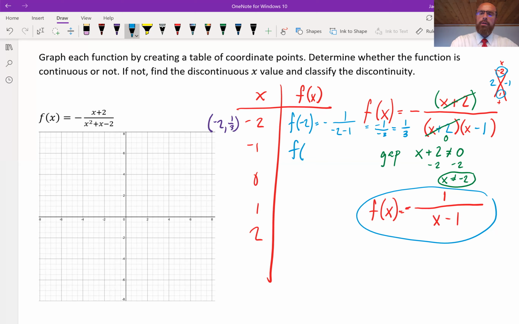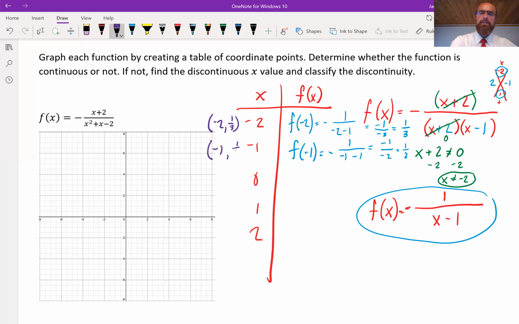F at -1. Again, I'm taking that simplified version, so 1 over, I'm replacing x with that specific value, -1 minus 1. So that's -2. I'm going to erase the word gap. So that's 1 over -2, which is -1/2. So we've also got the point -1, -1/2.